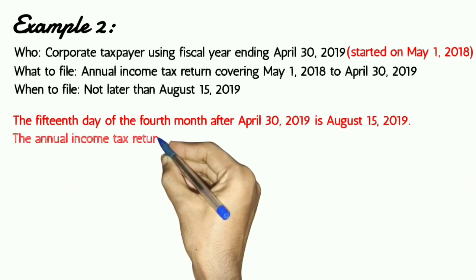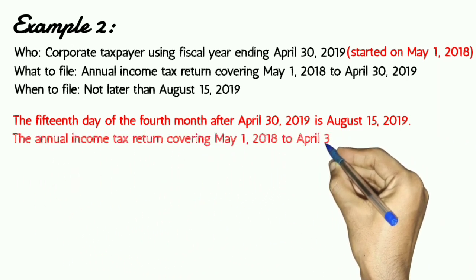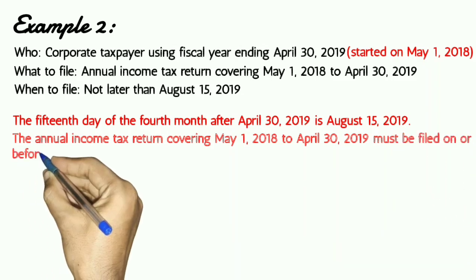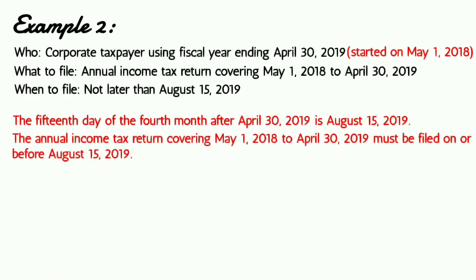So that means magpa-file yung corporate taxpayer not later than August 15, 2019. Kasi yung August 15, 2019, yun yung 15th day of the 4th month following the close of the taxable year of the taxpayer. Take note na yung August 15, 2019 ay deadline ng pag-file ng income tax return.